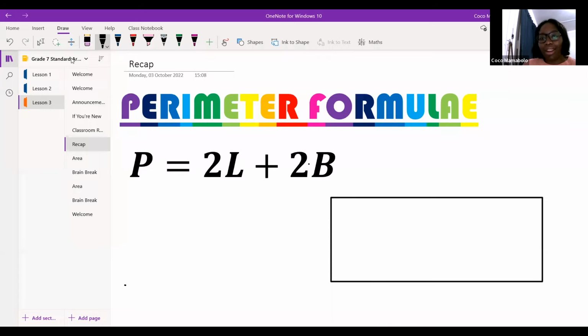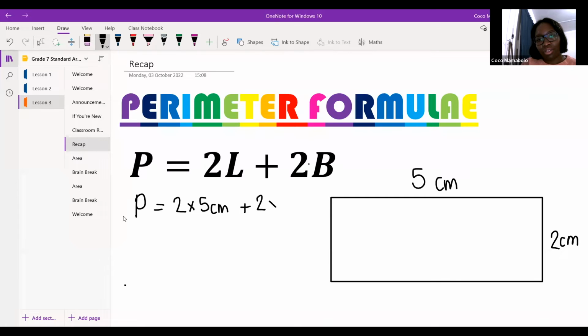If my length is 5 centimeters and my breadth is 2 centimeters, what am I writing? Give me my formula. Perimeter equals 2 times 5 centimeters plus 2 times 2 centimeters.